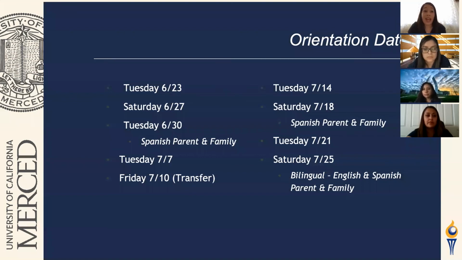Part of that being housing contracts, meal plans, making sure that you submit any transcripts that you still need to submit, immunization records. So all this information needs to be sent in a timely manner in order for you to fulfill those requirements on your checklist.